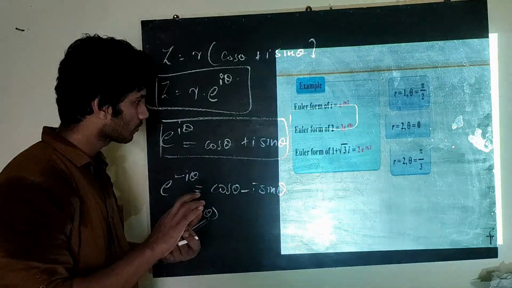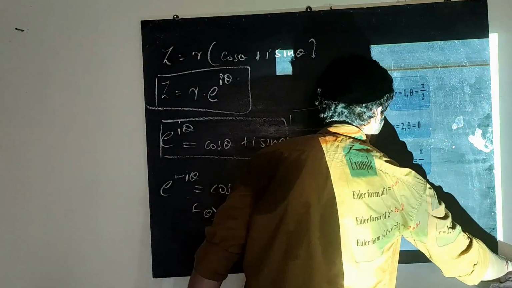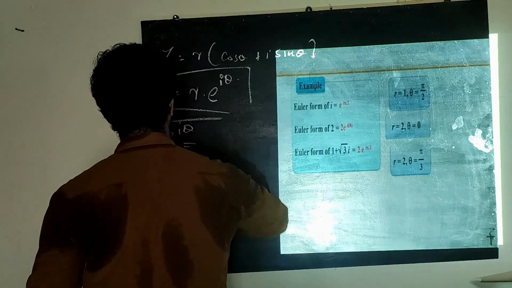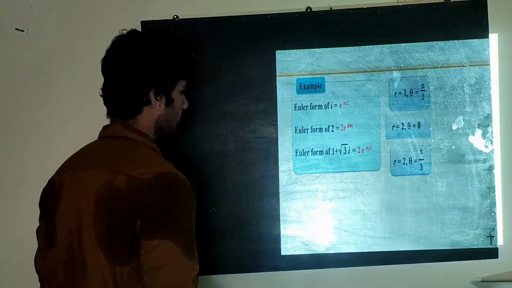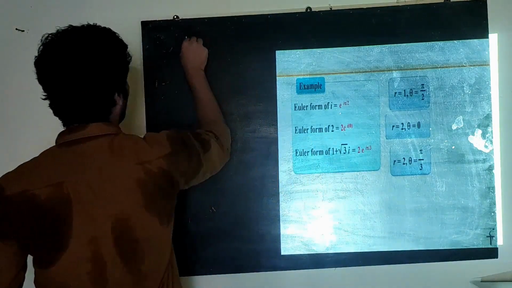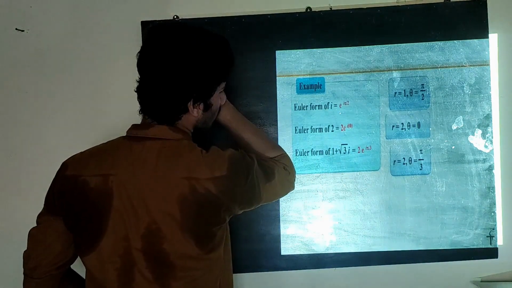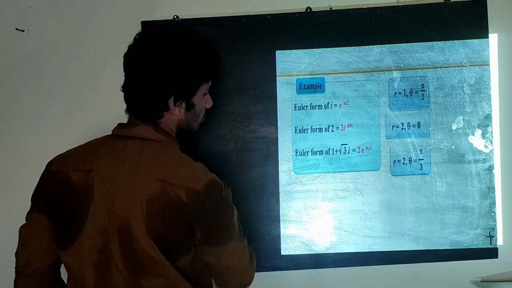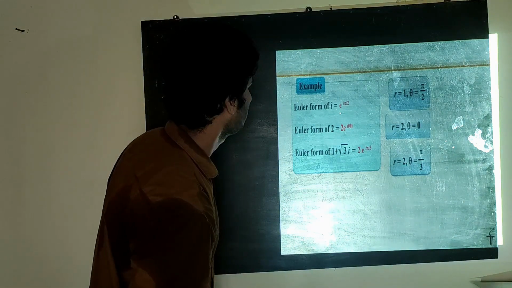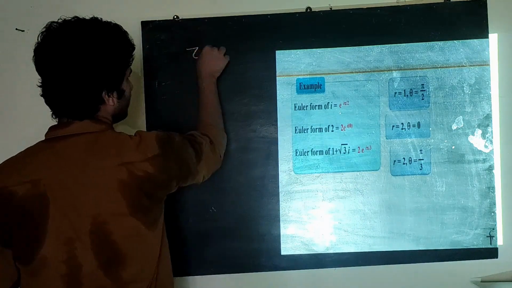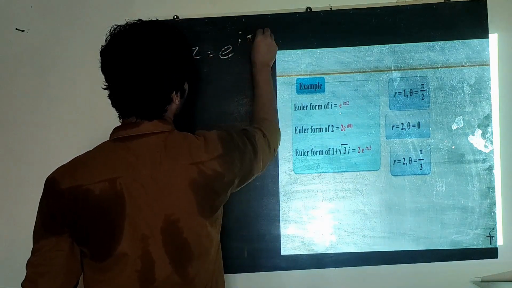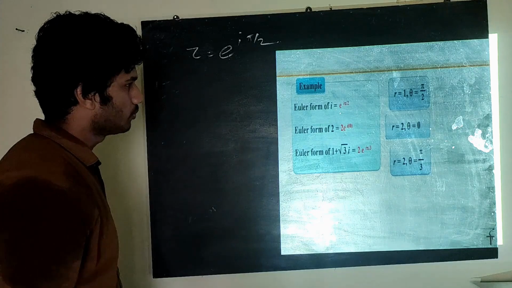Let's move on. I have got some examples, so let's solve those too. First is i is equal to, what is this? The Euler form of i: z is equal to e raised to i into pi by 2.